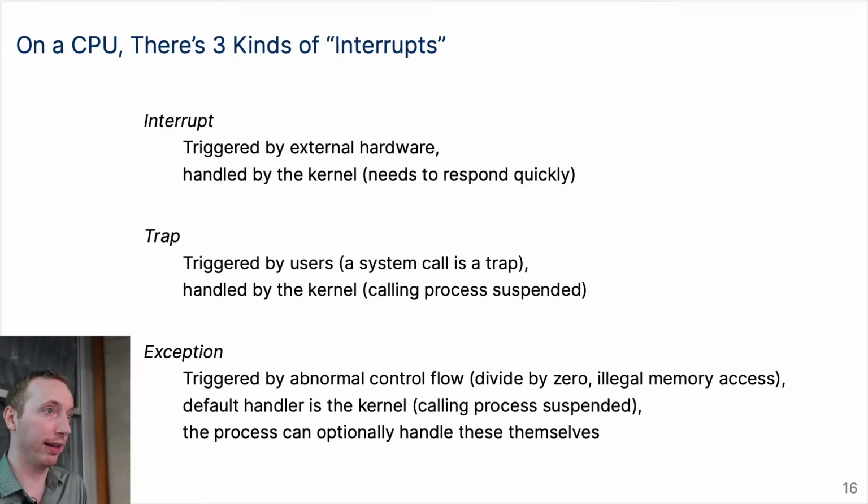So the process can optionally handle those kinds of traps themselves. If you really wanted to, you could handle your own seg faults and magically solve them and then keep on executing. And some programs actually trigger seg faults themselves so they can get interrupted, but it's a whole weird thing. All right, any questions on that or the signals for the child or anything else?